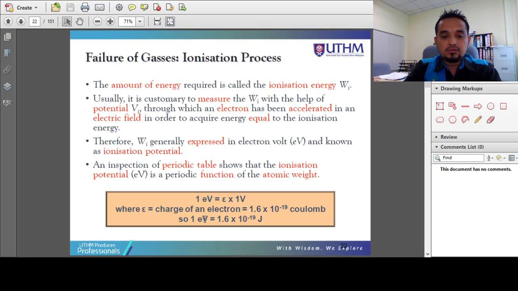So 1 electron volt is equivalent to 1.6 times 10 to the power of minus 19 joule. The energy of 1 electron volt is actually 1.6 times 10 to the power of minus 19 joule.